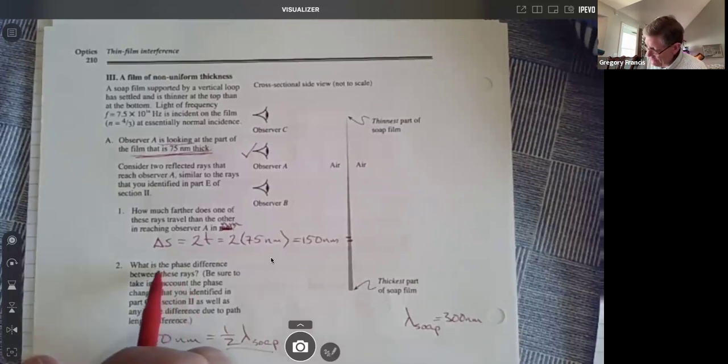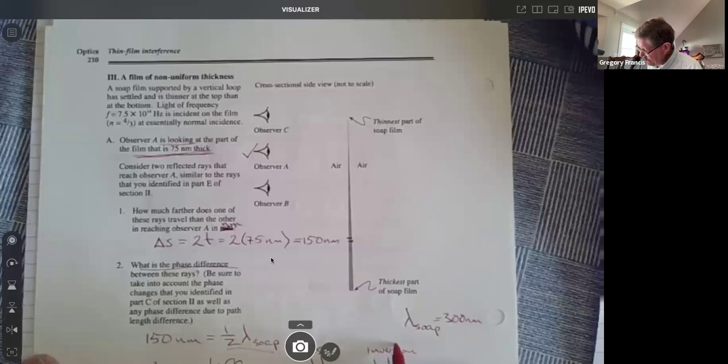And so the total phase difference is going to equal half a wavelength due to this extra travel, that's due to the delta S, plus 1/2 wavelength due to the inversion at the first boundary.